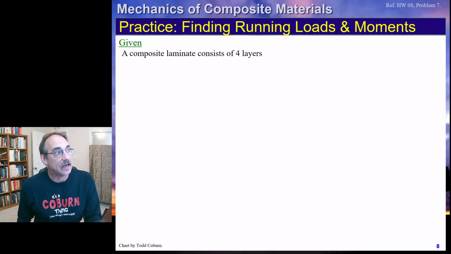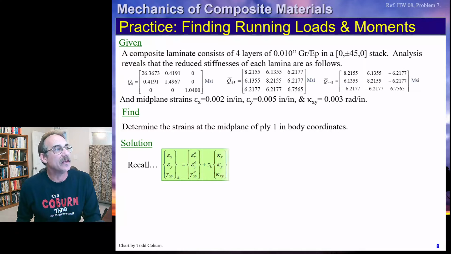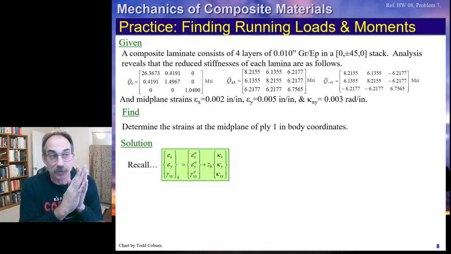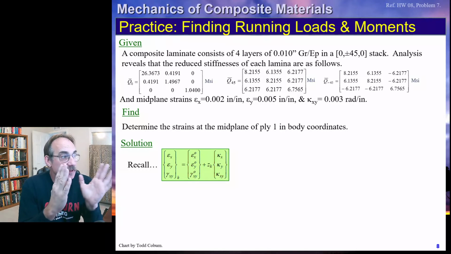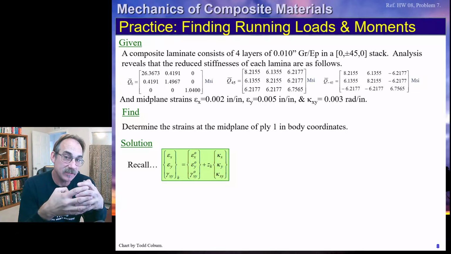All right, so now that we have the running loads and moments, we're going to identify the strains at the midplane of ply 1. Generally, we will be checking all of the ply strains and stresses, but this is going to show you one piece of that. So remember, this is our equation for calculating ply strains, lamina strains, from the midplane laminate strains.